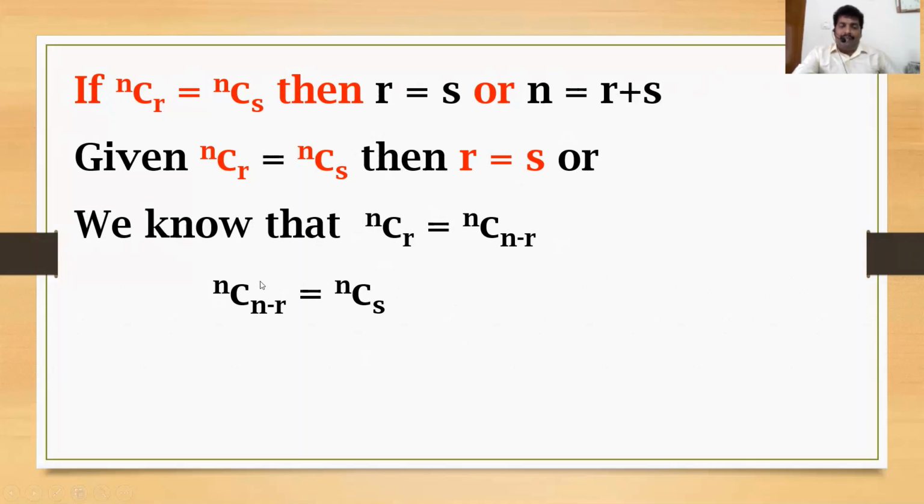Here n and n both are the same. So n minus r is equal to s. n minus r is equal to s means n is equal to r plus s. So you should remember this as a formula. If nCr is equal to nCs, then r and s both are equal, or otherwise n is equal to r plus s. By adding these two, r and s, you'll get the n value.